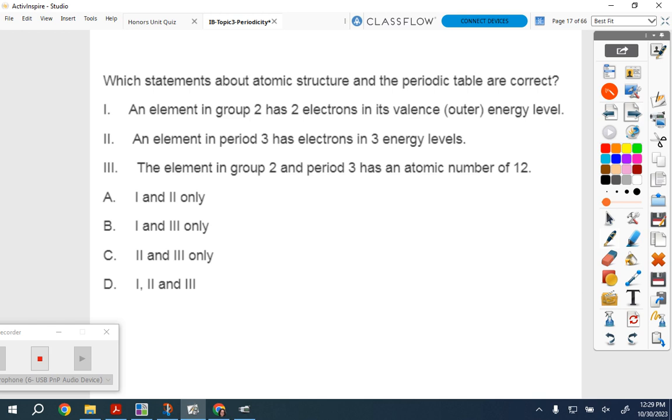Thumbs up, thumbs down. Okay. Element in period 3 has electrons in 3 energy levels. Thumbs up, thumbs down. Seeing mostly thumbs up, that is correct. And the element in group 2 and period 3 has an atomic number of 12. Thumbs up, thumbs down. Look at your periodic table.